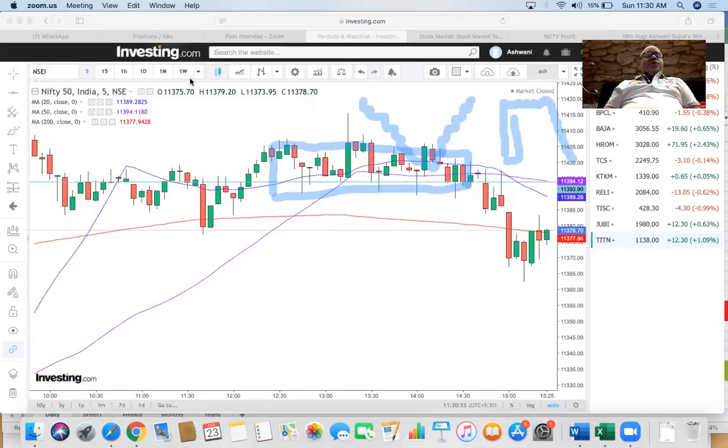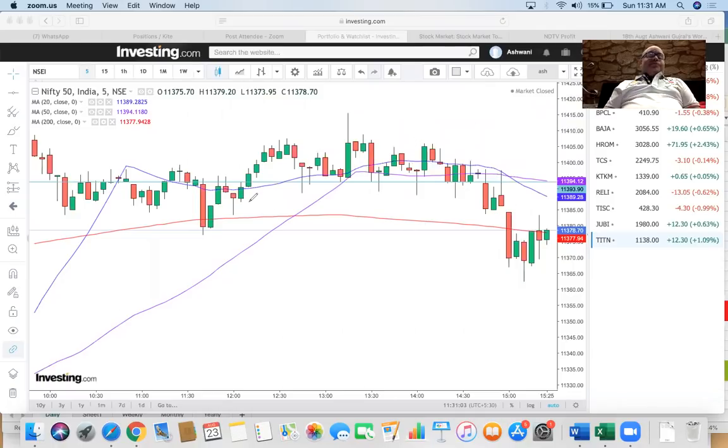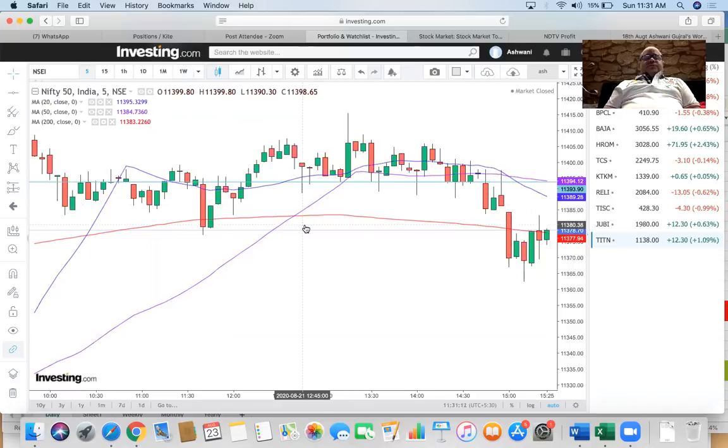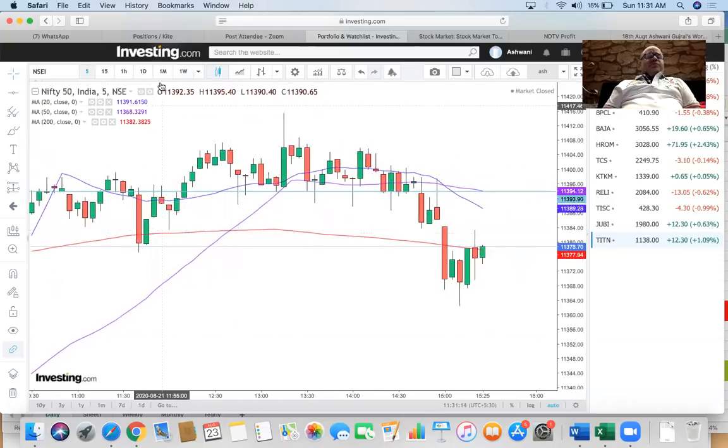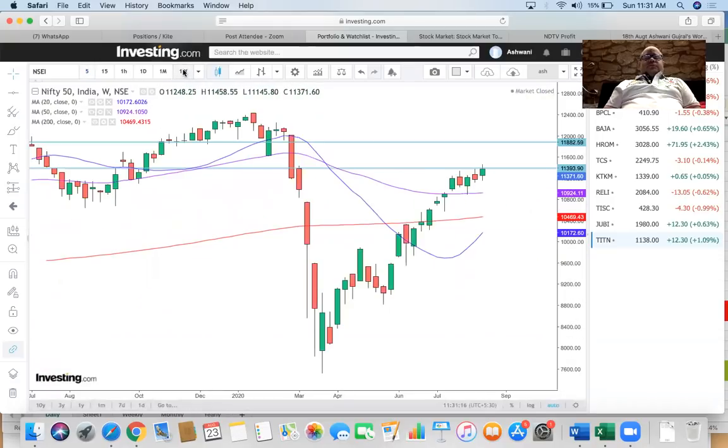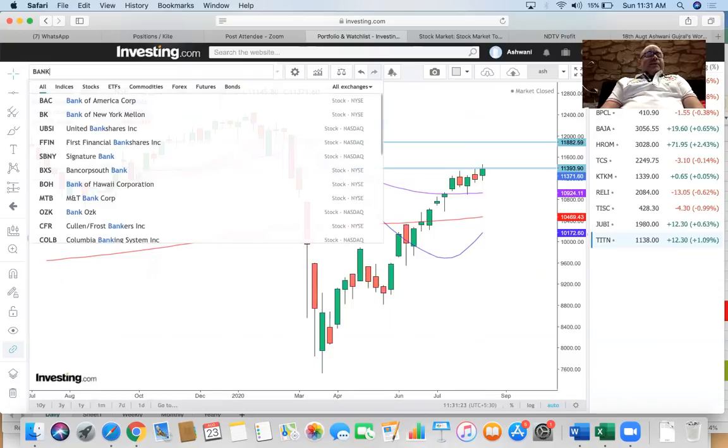Why am I hopeful? Because the weekly shows me that the market is pushing up. Okay, I am hopeful because of this chart.